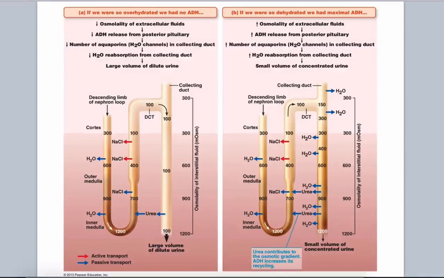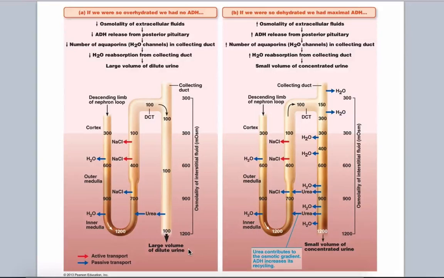So if we're overhydrated, we have no ADH, no aquaporins in the collecting duct, which means you don't lose any water. You'll cycle a little bit of this urea just to keep the countercurrent system going, but you end up with a large volume of dilute urine, which is the problem you're trying to solve. Too much water on board, that's how you excrete it.